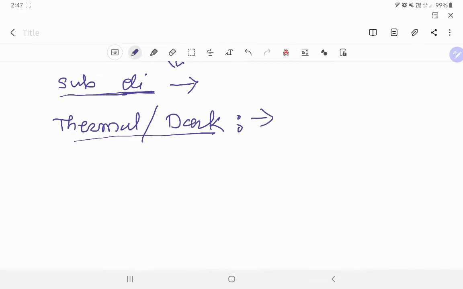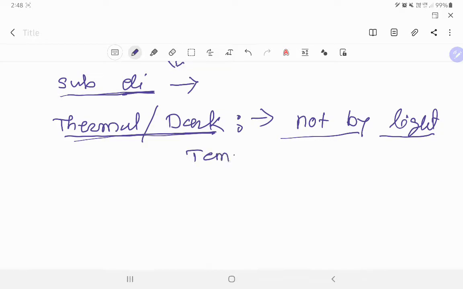The usual reactions which we do in our laboratory, which are not influenced by presence or absence of light, are called dark reactions.